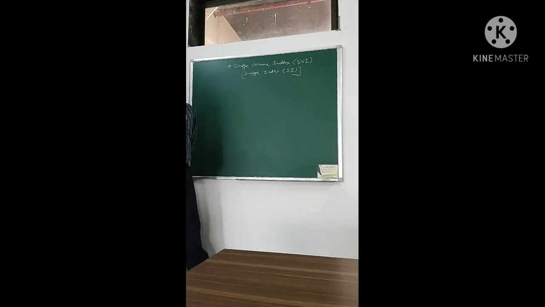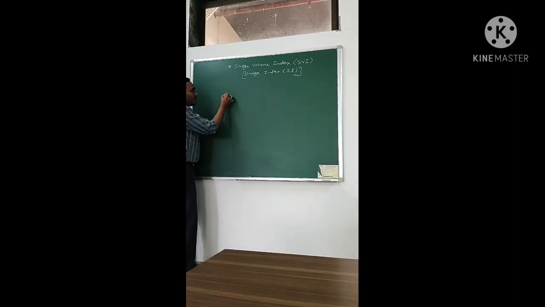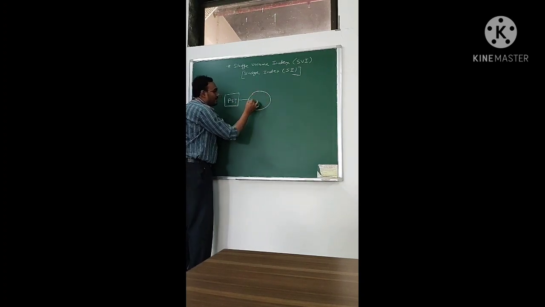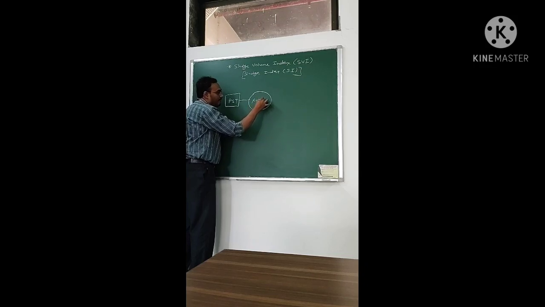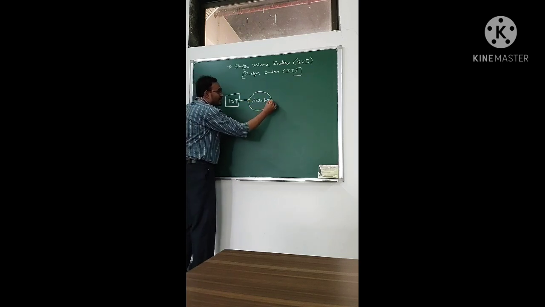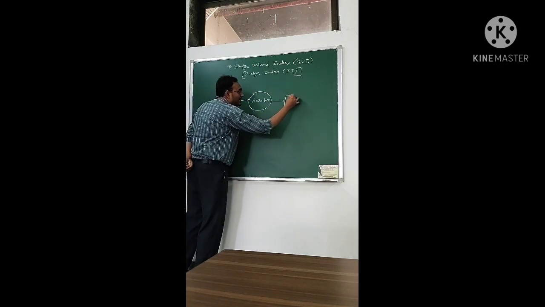Basically, what we need to know is what the sludge volume index is and where it is applicable. As we know, ASP, the activated sludge process, is a biological treatment or secondary treatment given to the sewage. Here we have the PST, the primary settling tank or primary sedimentation tank, and this is aeration, where the process of aeration takes place, and this is the secondary settling tank, that is SST.